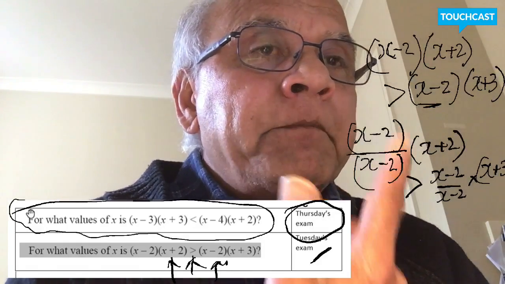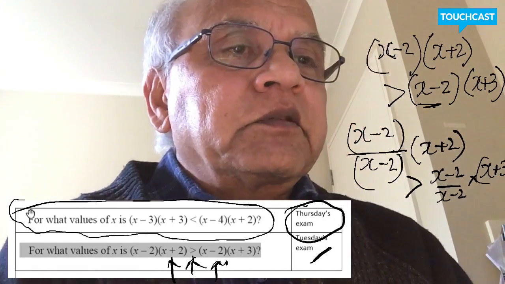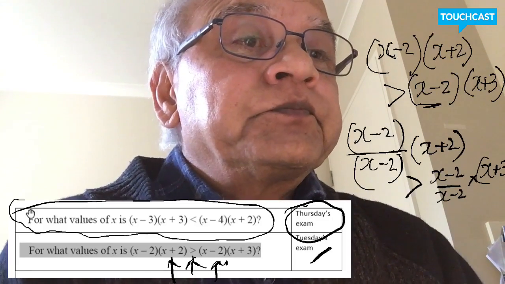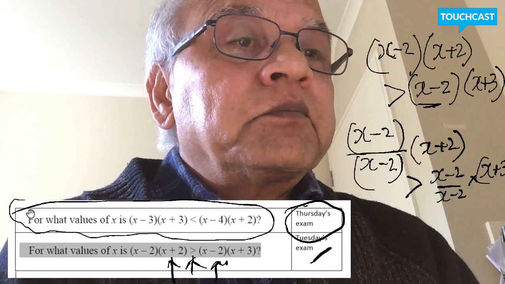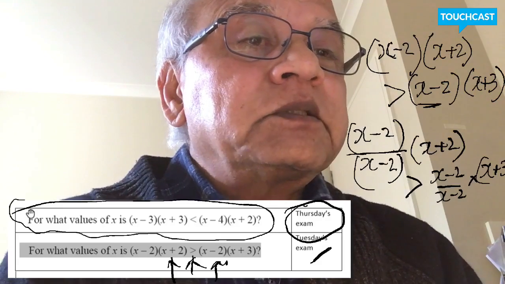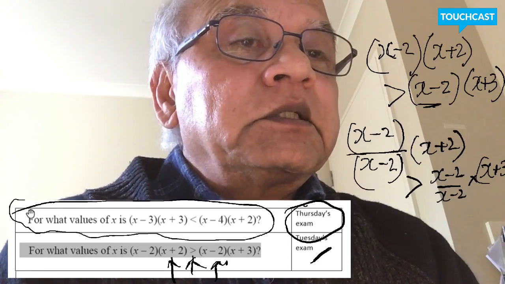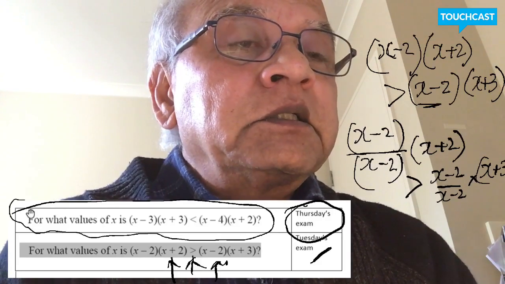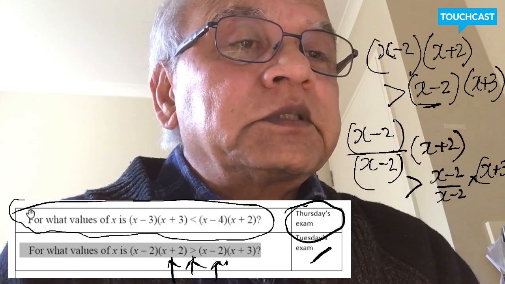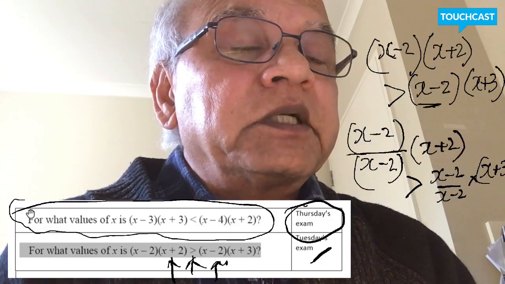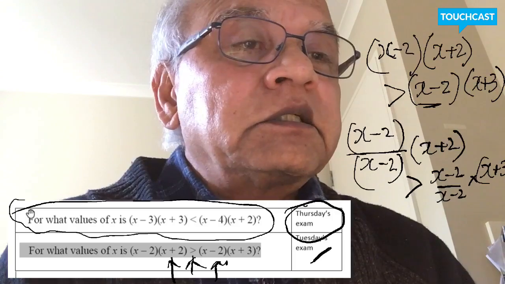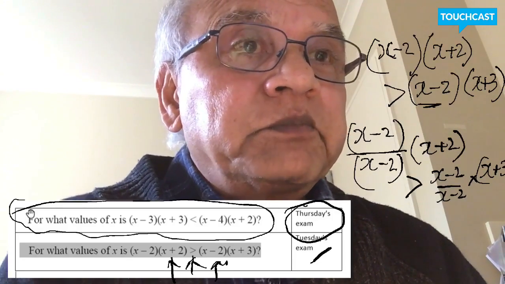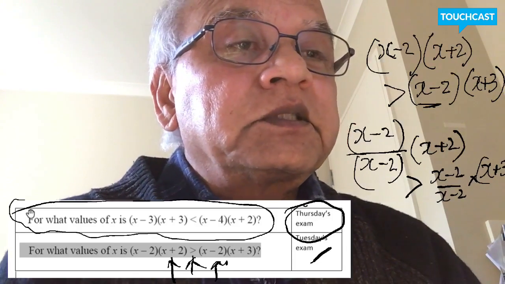Well, quite a logical thing to do, because if we follow the balancing rule, if we divide the left hand side of the inequality by x minus 2 as a factor, we got to do exactly the same thing on the other side.